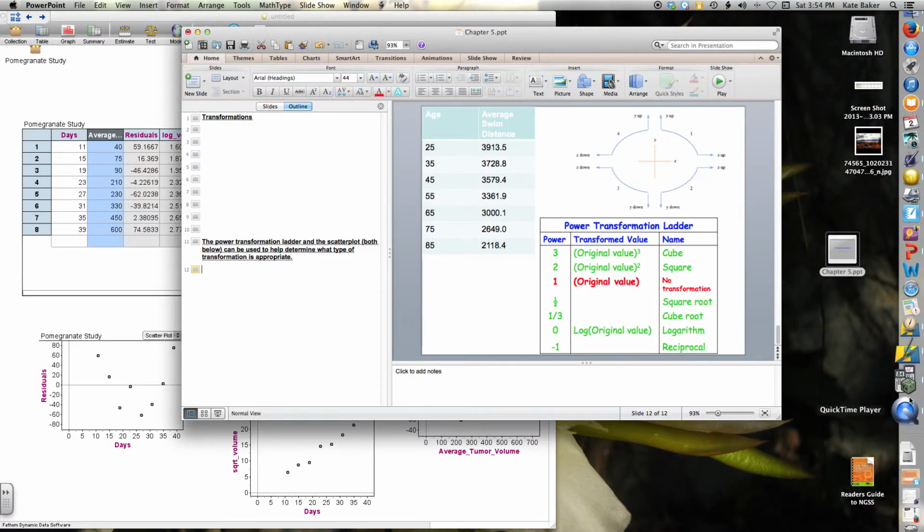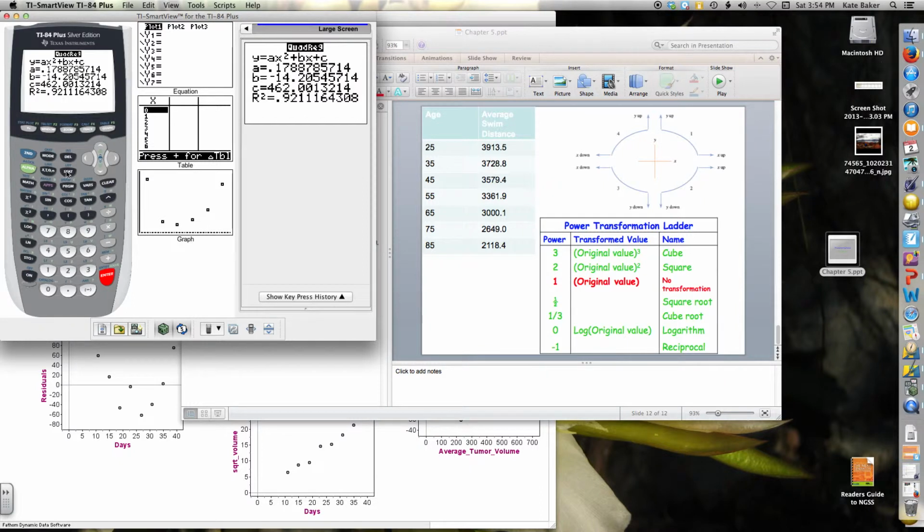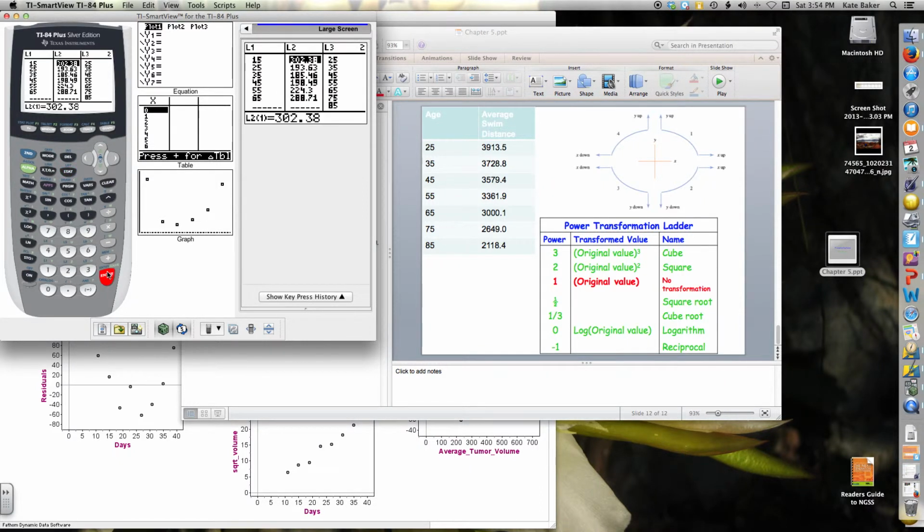So I have that loaded, and I believe those are loaded in list 3 and list 4. And what you can't see is that I'm keeping track that list 3 has my age and list 4 has my swim distance. And my age is x and my swim distance is y.